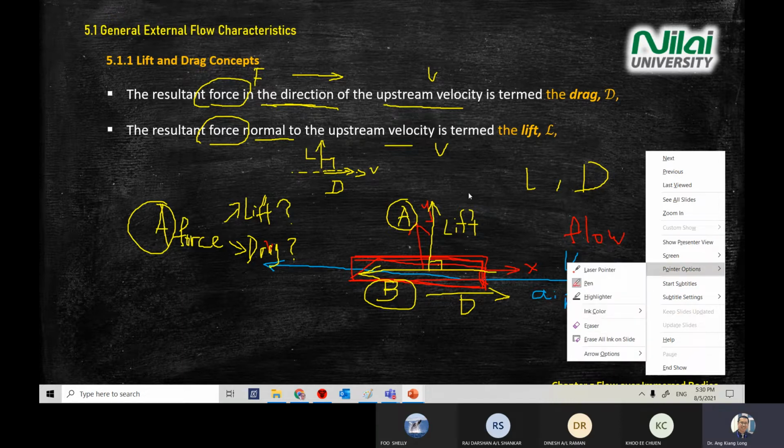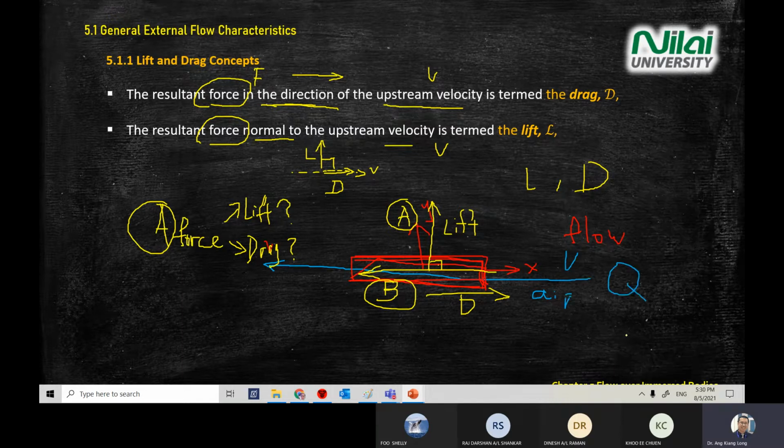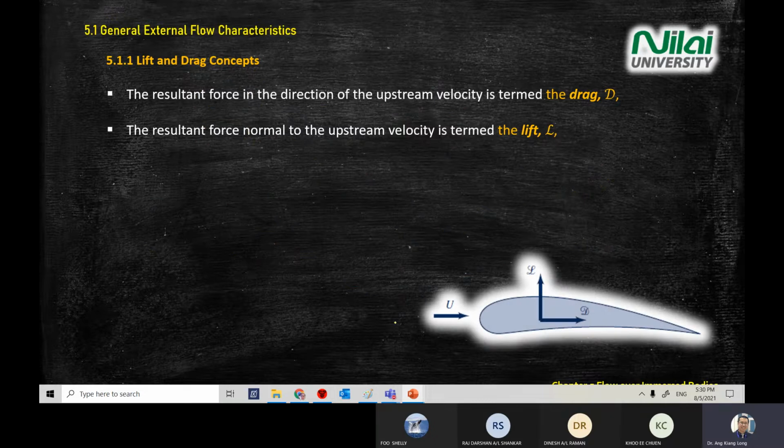As long as you can understand what is lift, what is drag, then you are right. If you are given an airfoil, you should know what is your lift, what is your drag. From your assignment 1, you should know where is drag, what is lift already. From today's lecture, you should be able to understand what is lift, what is drag.